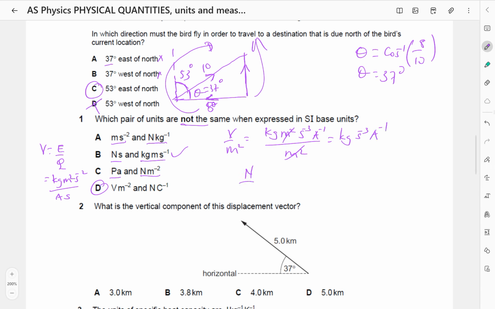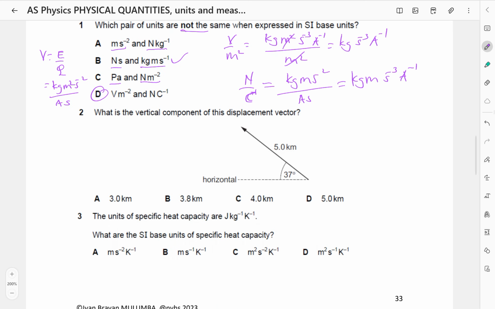Then the newtons per coulomb: newton is force, kilogram meters per second squared, divided by charge, which is ampere seconds. So this gives kilogram meters per second cubed per ampere. So they are not the same.